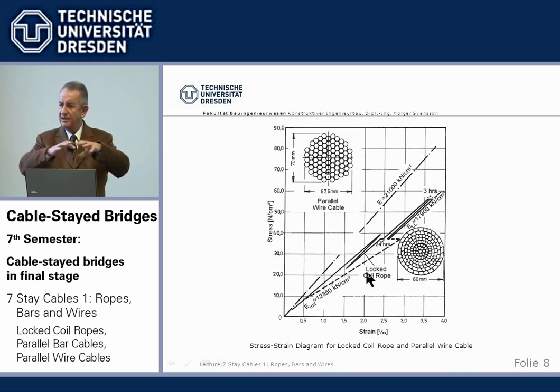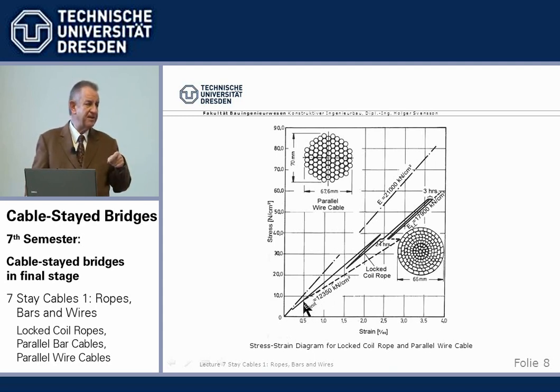For any wire, doesn't matter in what cable, the modulus of elasticity is constant, 2.05, that of steel, period. But for the complete cable, here it's a little tricky. When we start installing a locked coil rope, we come only to something like, let's say, 12, which is nearly less than half of the 2.05 of the individual wires.